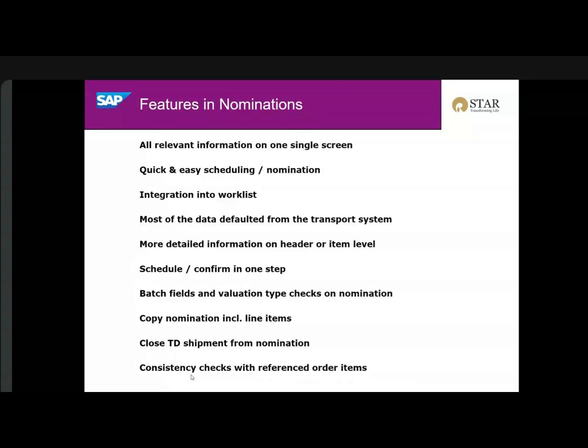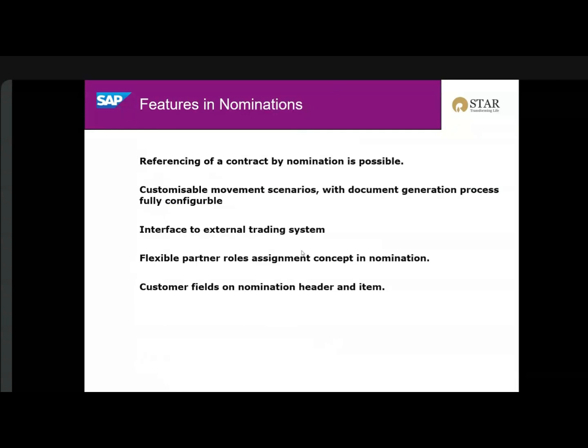Suppose you enter some material in the nomination that is not there in the reference contract, then it will give an error. Both the reference document as well as the nomination should have the same material. Reference of a contract by nomination, that reference document contract we can enter.